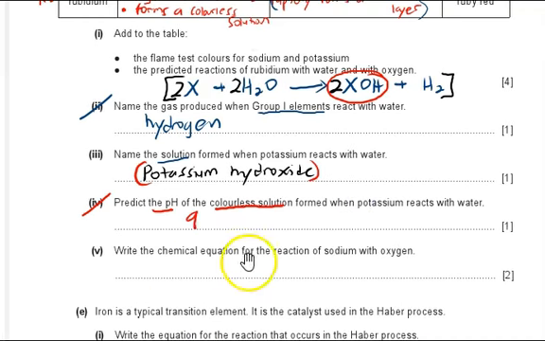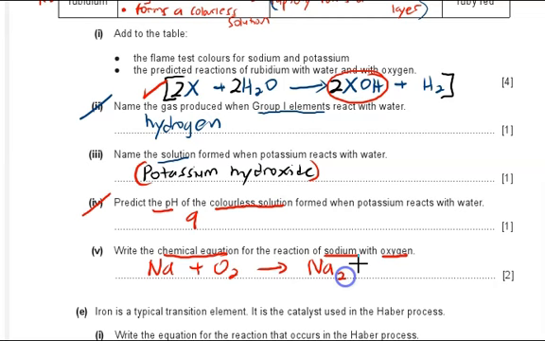Okay, write the chemical equations. We just have to follow this for the reaction of sodium with oxygen. Oh no, this is different. This is sodium and oxygen. So sodium plus oxygen, you will have sodium oxide, which is Na2O. Now we have to do the balancing.